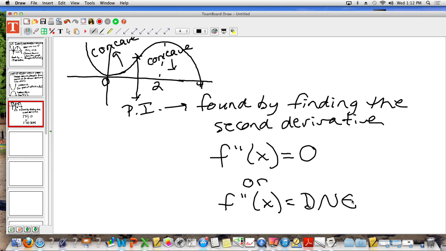So in other words, we are doing exactly the same thing we did when we found critical numbers and when we found relative maximums and minimums. We're just doing it using the second derivative test rather than the first derivative test.